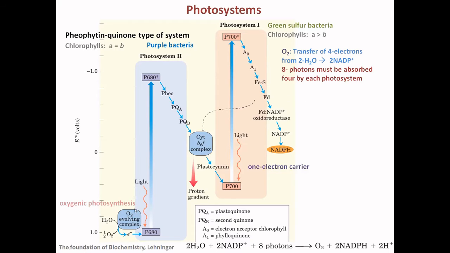Okay. So we know the reduction potential of water. This is 0.816 volt, which is a very high reduction potential. So it does not have the ability to release or donate its electron.